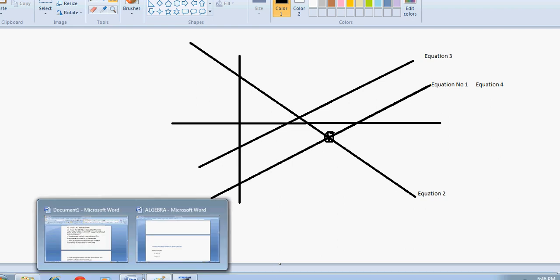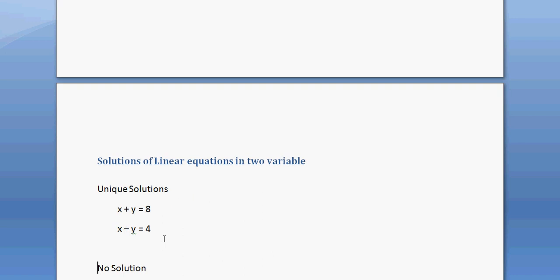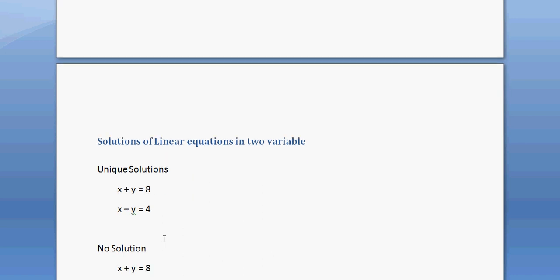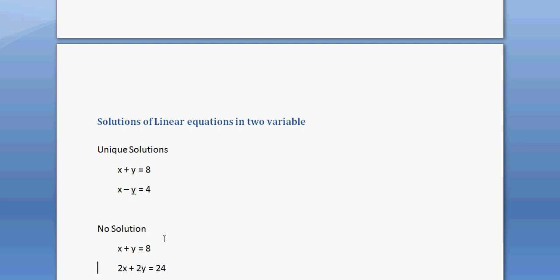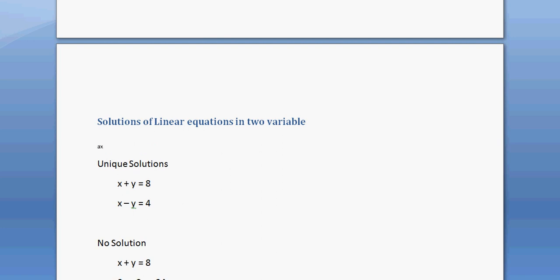Now let's go to our theory, right? So when do we say that two equations have a unique solution? When they intersect, right? And if we just write a general form of equation in two variables, it would be ax plus by plus c is equal to 0.